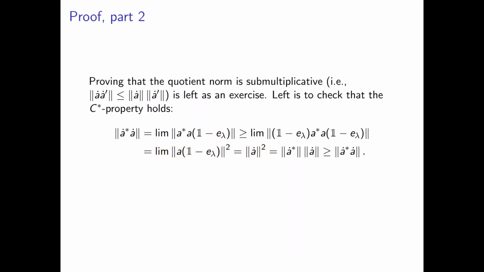And then we can use the fact that the star is an isometry, or the norm of the star is the same as the norm of the original object here. So then we get this inequality here. Very nice. So the norm of A star A is greater than or equal to the norm of A squared, which is in turn greater than or equal to the norm of A star times A. So we have proven the C-star property holds.